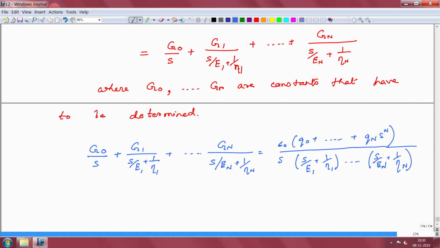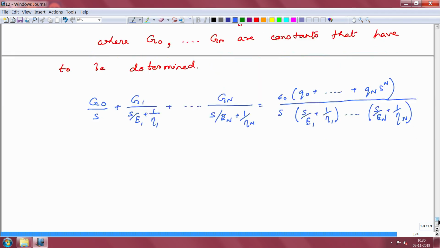So, you will equate all the different coefficients for the different powers, and from that you will be able to determine all these different constants. The different powers will give you n plus 1 independent equations, and you have n plus 1 unknowns. So, you can solve for them. In theory it is solvable, but it is going to be very cumbersome in terms of algebra, and we are not going to do that.